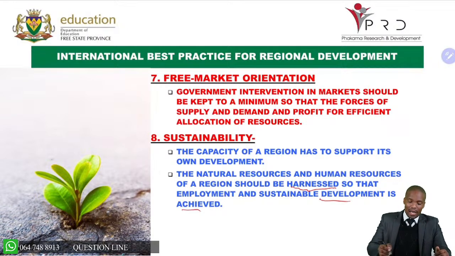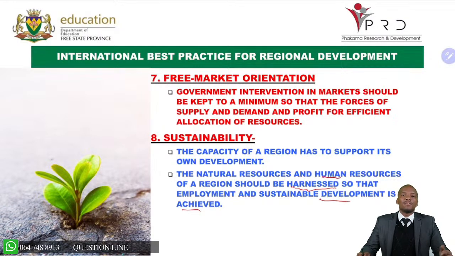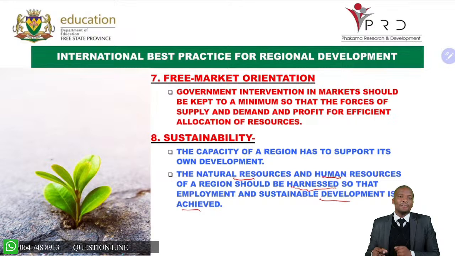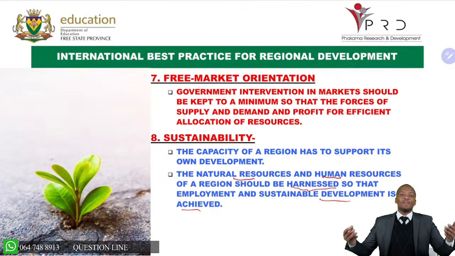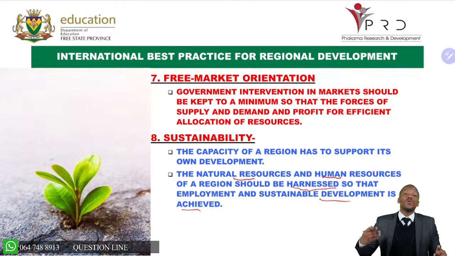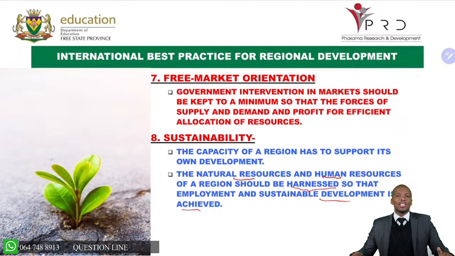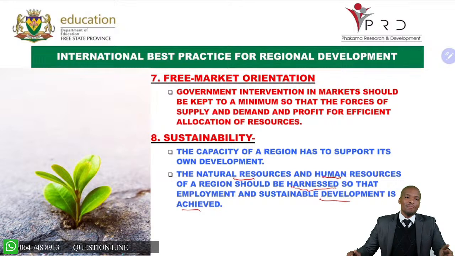So we are not only looking at human resource, but we are also looking at the exploitation of natural resources or the correct usage of those natural resources. How long can they last us? Will they be there also for the future generations to utilize them? That's the issue of sustainability. And if that's the case, the issue of underdevelopment within the regions will be eliminated. That's what we are saying.